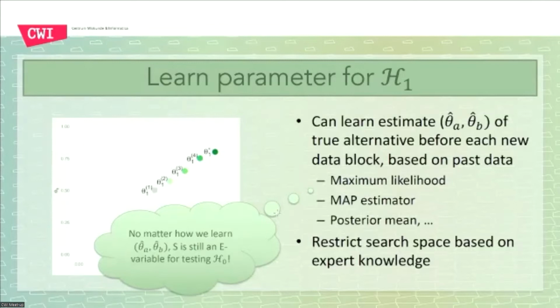A key point is, this doesn't change the null hypothesis that we're testing with our E variable. So no matter how we learn theta A, theta B, no matter how wrong we are, this does not interfere with our type 1 error guarantee. The E variable is still an E variable for testing the same null hypothesis. So I already touched upon power a bit.